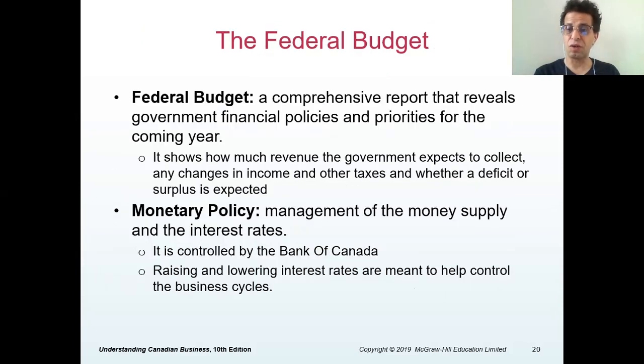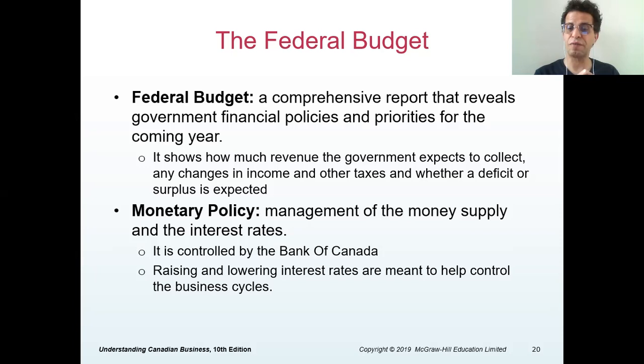Anyway, the federal budget. The federal budget is a comprehensive report that reveals government financial policies and priorities for the coming year. The finance minister stands in parliament and delivers a speech about the financial policies and what's coming in the year.